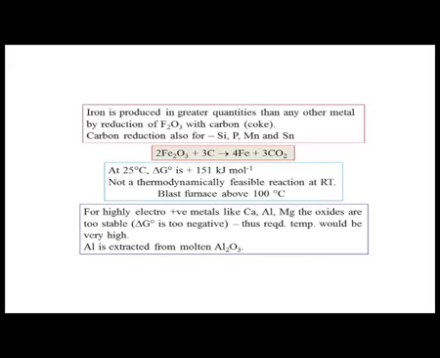Carbon reduction is also feasible for other oxides. Say silicon, different silicates we know. If we have silicates, iron oxide, phosphate as phosphate rocks, manganese we also know is present as MnO2 in the earth crust, this manganese dioxide which is pyrolusite. That can also be reduced back to manganese metal by coke.